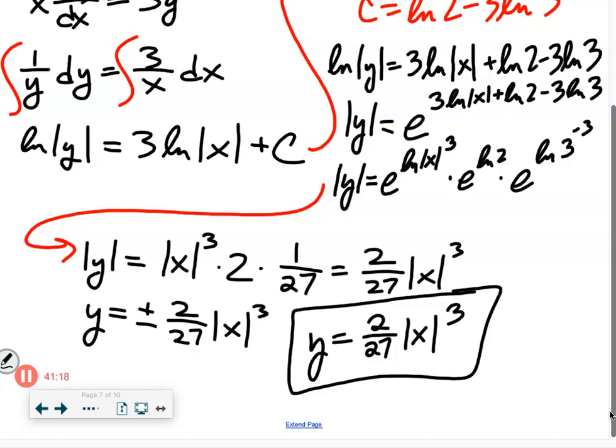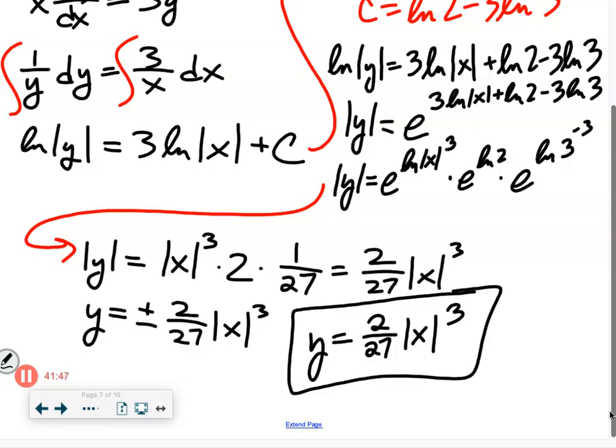Oh, okay, this is a plus. We just didn't simplify it all the way. Oh yeah, that's 2/27 of ln absolute x cubed. Yeah, that's correct. Well done.